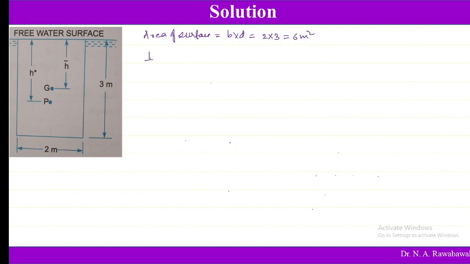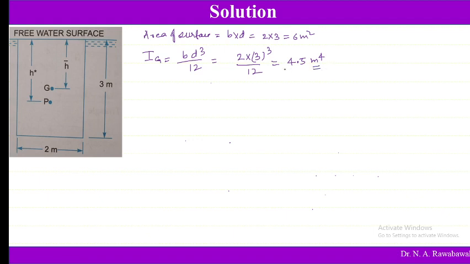Then the moment of inertia, Ig, is equal to B D cube divided by 12. B is 2, D is 3 to the power of 3, divided by 12. So this becomes 4.5 meter to the power of 4. The unit for moment of inertia is meter to the power of 4.